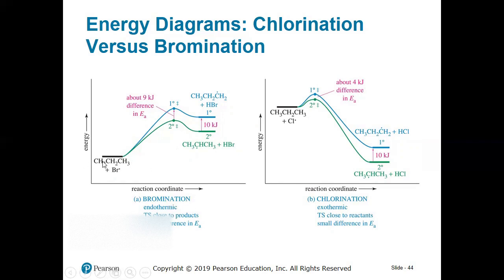You could see here that the reactants versus the intermediates require much more energy to get to them, while here the intermediates are actually lower in energy than the chlorination reactants. So we could see clearly that this chlorination reaction is an exothermic reaction. That tells us right there that the chlorination is much faster to form and to give me the final product compared to the bromination of alkanes.